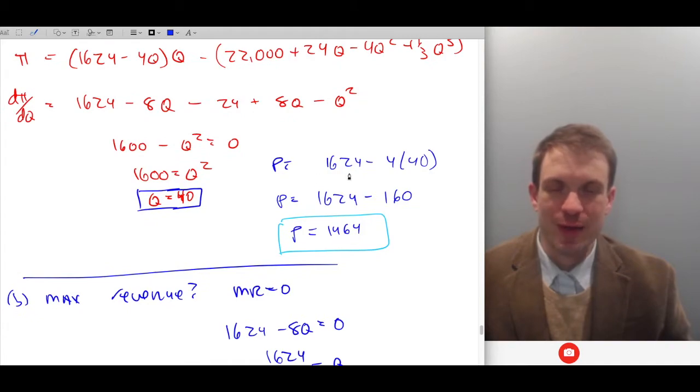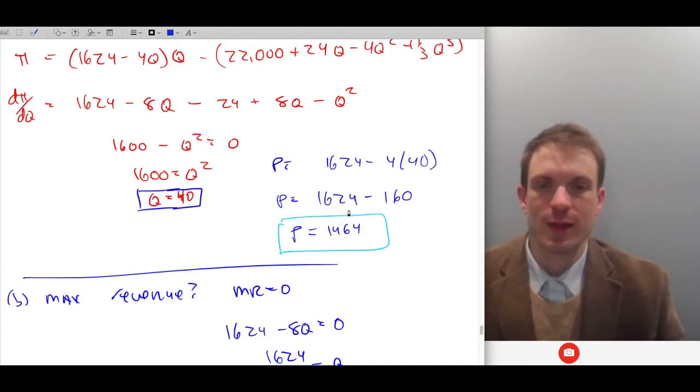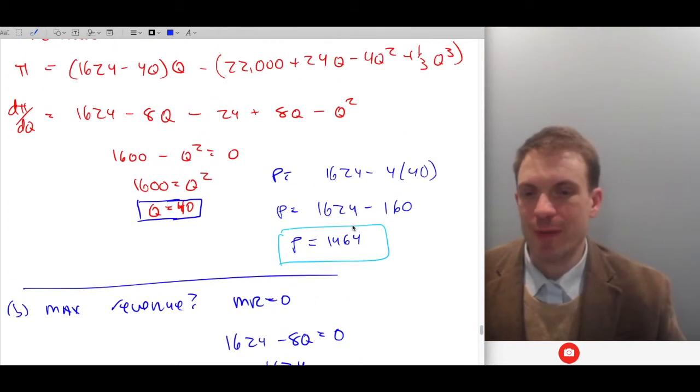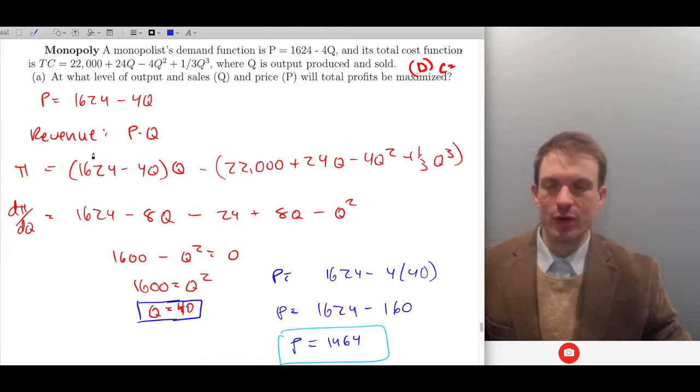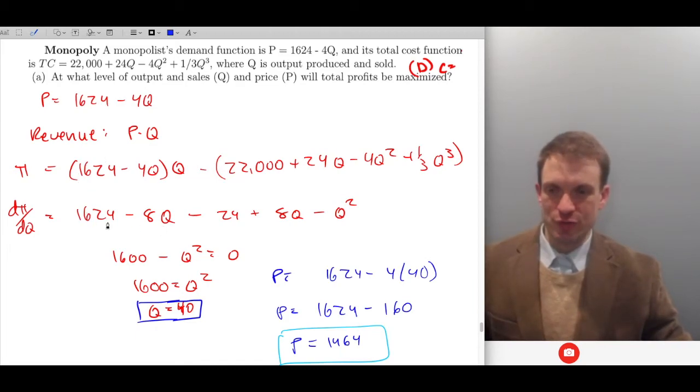Then evaluating my market demand at a quantity of 40 gives me a price of 1464. What's my maximum revenue? Well, to maximize revenue, I want to find where marginal revenue is equal to 0. My marginal revenue is actually just this right here.